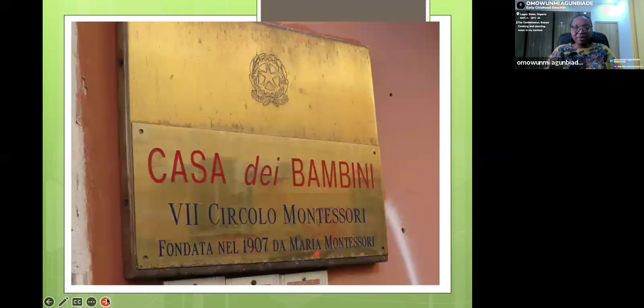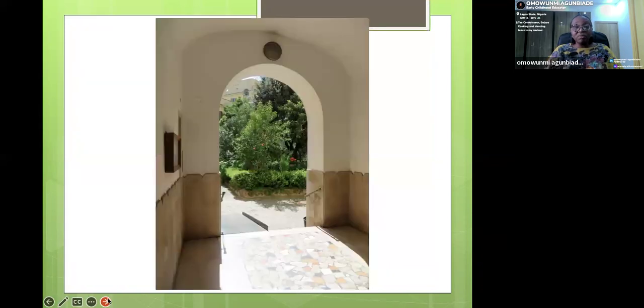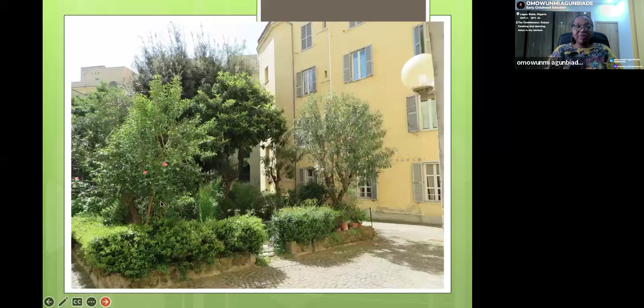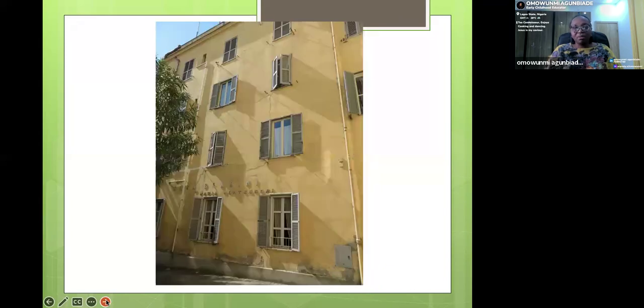So this is Casa de Bambini, founded in 1907. You find that a lot of people, when they start their own Montessori, this is the entrance. Well, just like a house environment, this is the garden. And the children will come out to the garden. Because of course, outdoor is a major thing for early years learning.